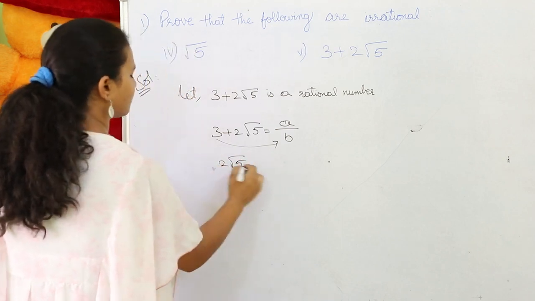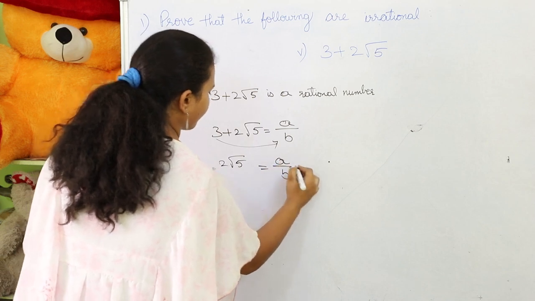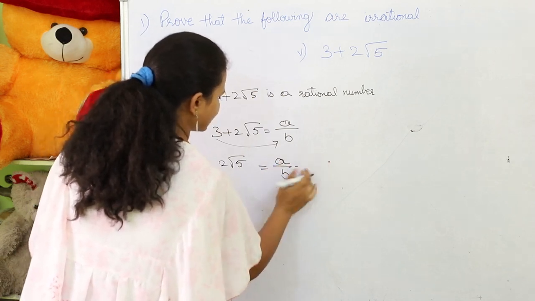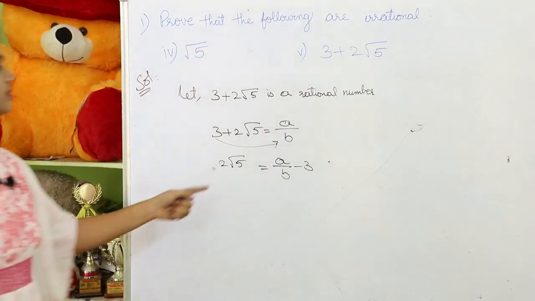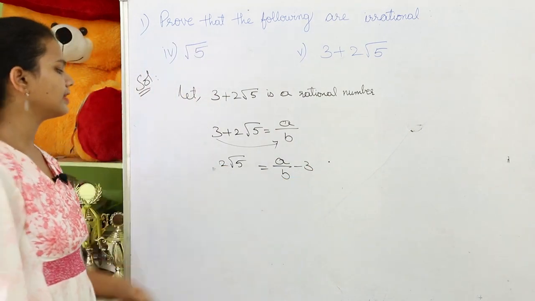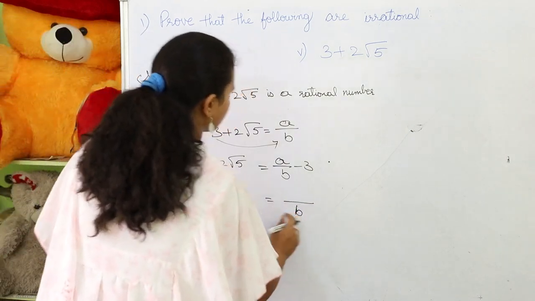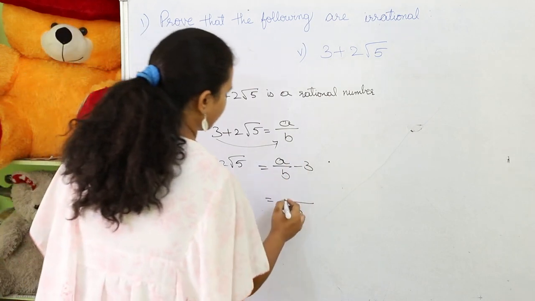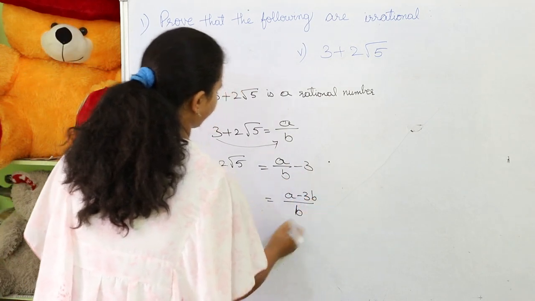So here 2 root 5 equals a by b minus 3. Now you take the LCM. b will be the LCM, so the numerator becomes a minus 3b. Clear?